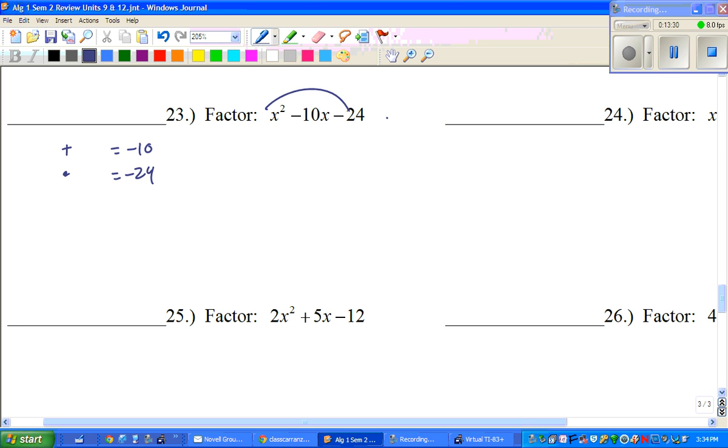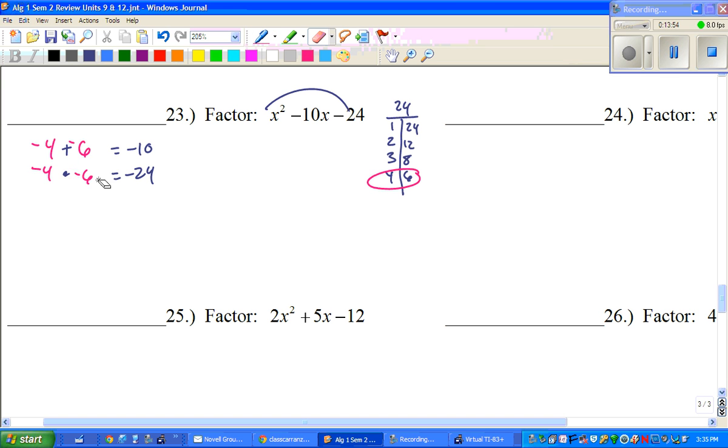Okay? Now, if you need to go off to the side and write down what the factors of 24 are, do it. Okay? So you can get the right combination. However, both of those have to be negative. And let's see, negative 4, negative 6. Does that work?